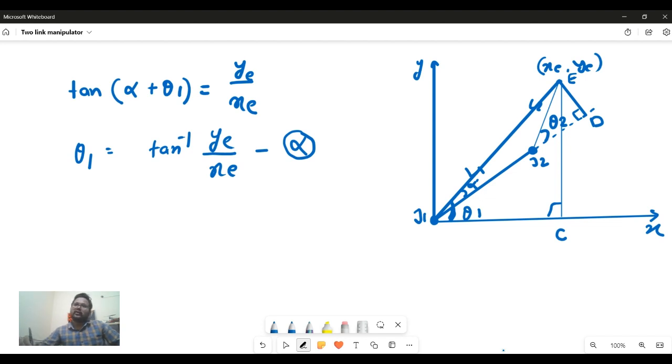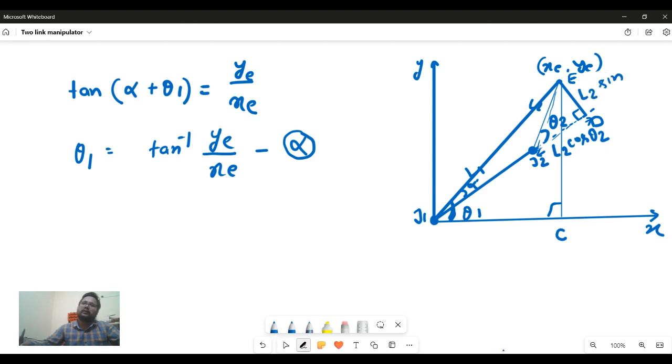We know from J1 to J2 the length is L1. If we can find this length, we can measure the complete length J1 to D. As this link length is L2 and this is theta 2, from this location to this location will be L2 cos theta 2. This is theta 2 in this triangle.